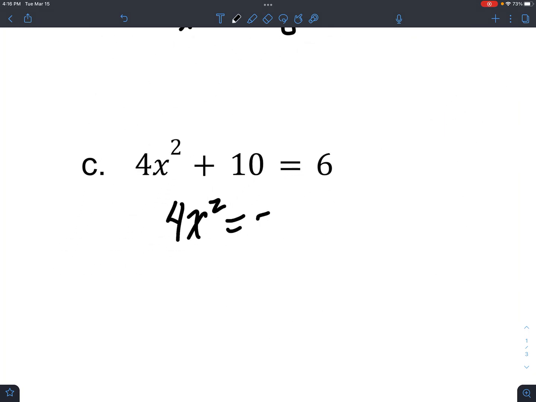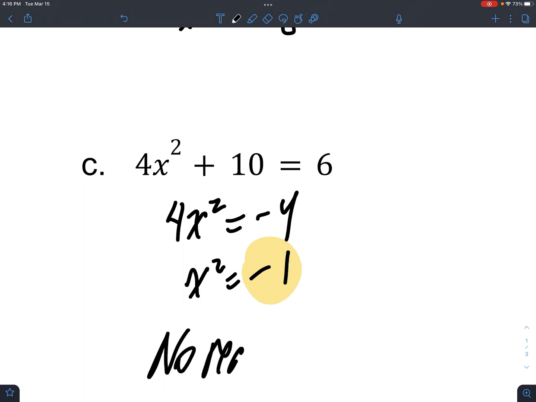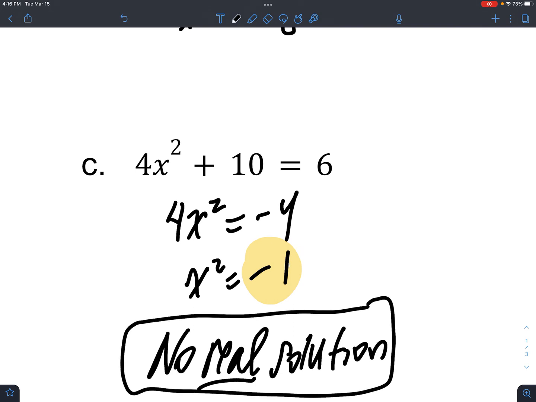Sometimes things go a little wrong and we get a negative over here. I guess things didn't go wrong. I mean, we didn't do anything wrong. But this is a scenario where there's actually no real solution. Let me explain why this is kind of like a dead end for us. Because no matter what, if you square a positive, you get a positive.